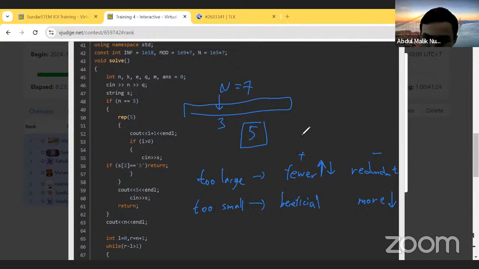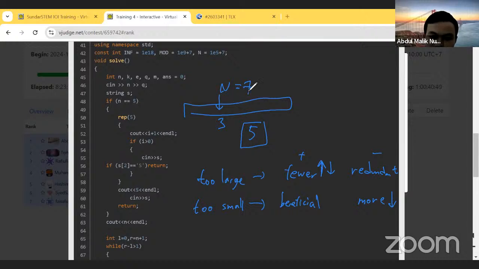Okay. Then we should find the best constant, the best ratio, so that our query is balanced between too large and too small. All of the responses will be the same in terms of redundancy and benefit.